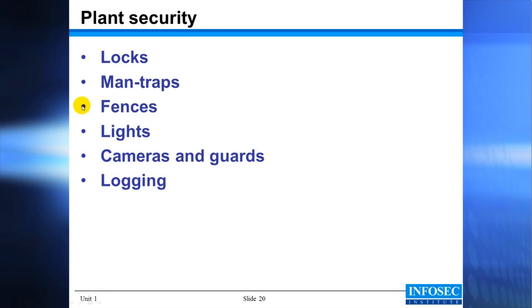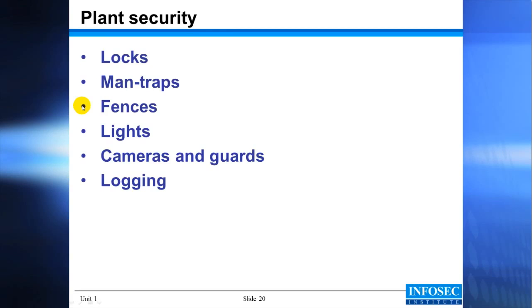A man trap, for example, is an access point that includes two doors, and these systems can be monitored by a camera or by a guard. They can have scales that people have to step on to make sure they're not taking a souvenir home with them when they leave. There are many different features that can be incorporated into a man trap. The only common feature in a man trap is that the two doors cannot be open at the same time. It's either one door or the other door, but never two doors.